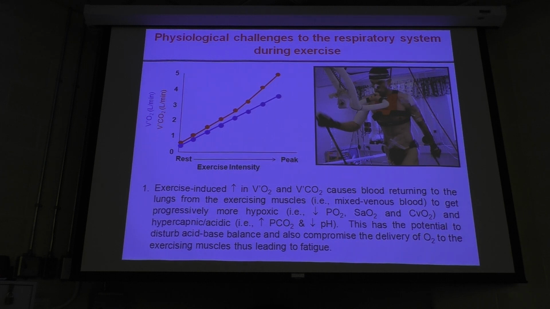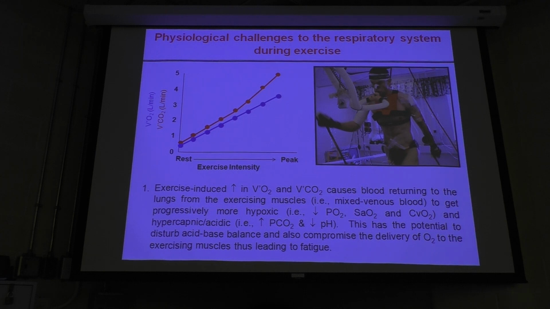And again, the respiratory system is a means of causing pretty dramatic swings in hydrogen ion relationships due to changes in what we do. Either we retain carbon dioxide or we blow it off. And so the first challenge ultimately is that exercise-induced increases in the rate of oxygen consumption and carbon dioxide production cause the blood that returns to the lungs from the exercising muscles, which again we call the mixed venous blood, to get progressively more hypoxic and hypercapnic.